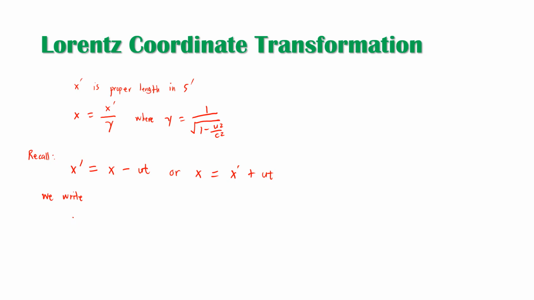We have x equals x prime over gamma plus ut, taking into account the contracted length as seen by the observer in S.